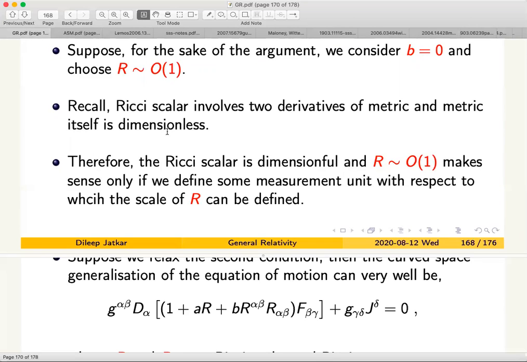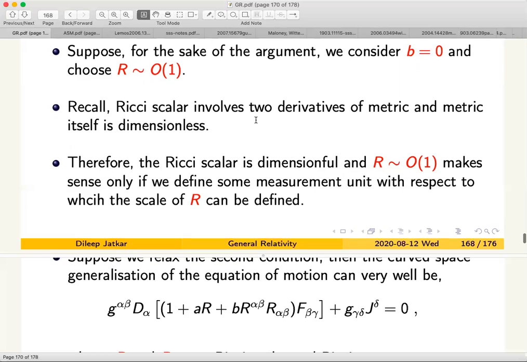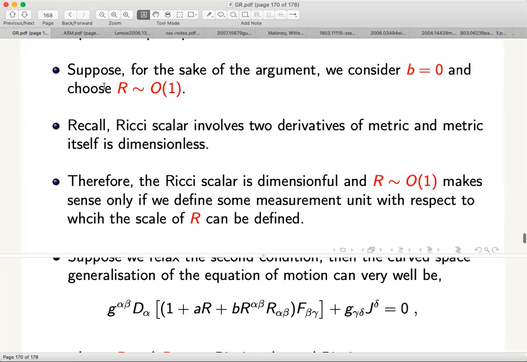Because you write down d tau squared is equal to g alpha beta dx alpha dx beta, and the d tau squared has a unit of length squared, but that is taken care of by dx alpha dx beta. So g itself is a dimensionless quantity. As a result, the Ricci scalar has dimension 2 because it involves two derivatives. Now, if you have a dimensionful quantity, then it's a tricky thing to say that suppose the scalar curvature is of order 1.